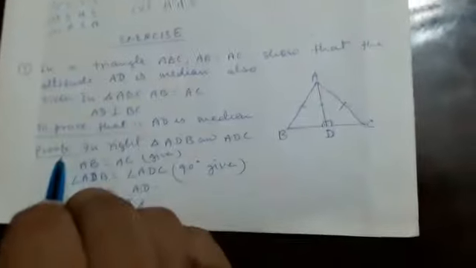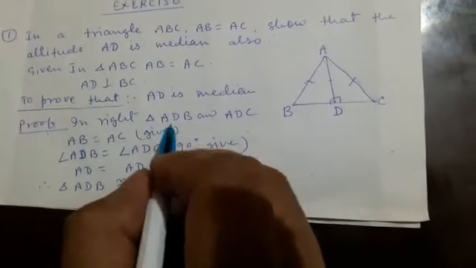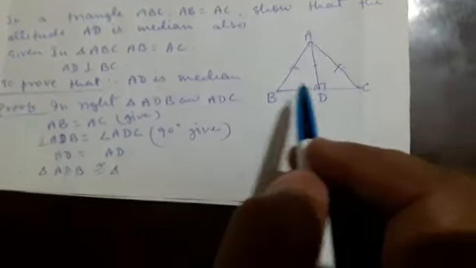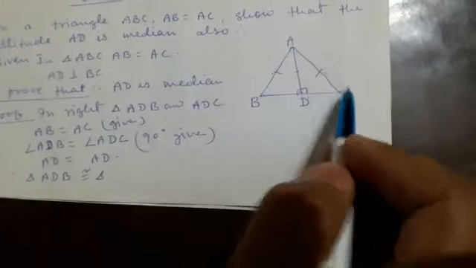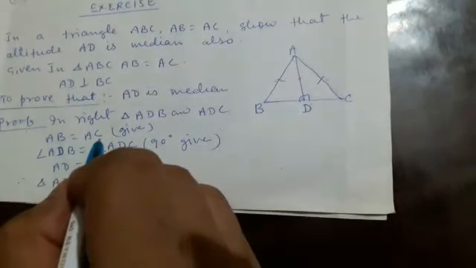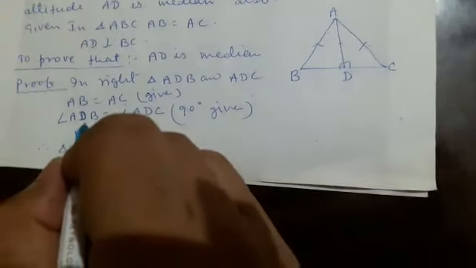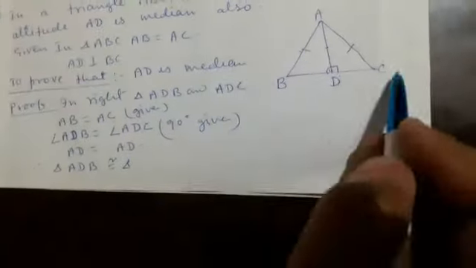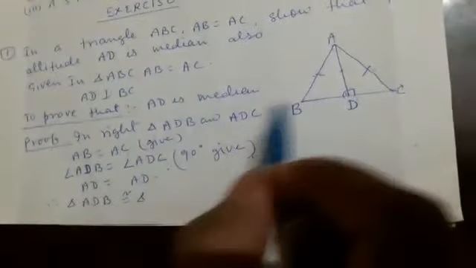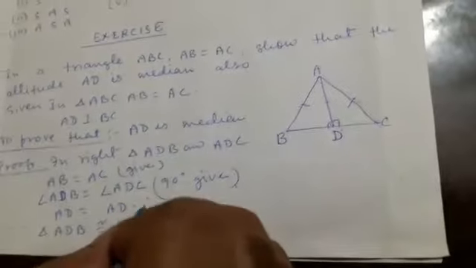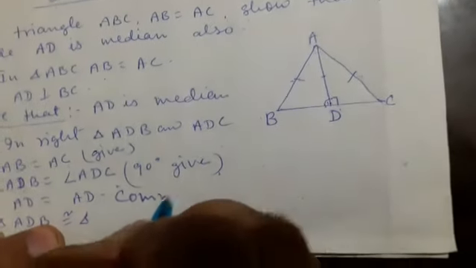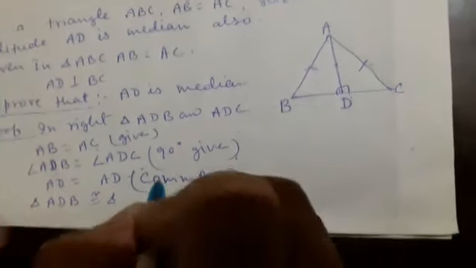Now we will see the proof. In triangles ADB and ADC, AB is equal to AC, angle ADB is equal to angle ADC, 90-degree, and AD is equal to AD, common in both triangles.